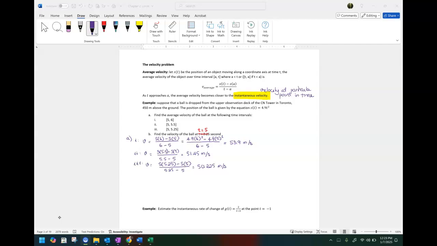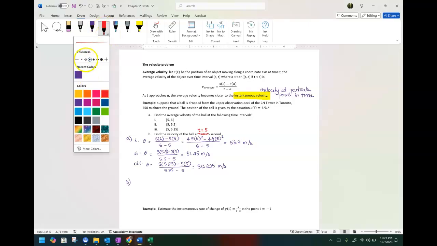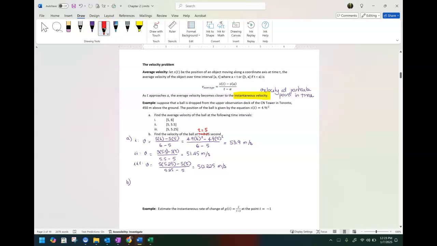We can do this by calculating the average velocity in a small interval as t comes closer and closer to 5. So part B. Let's take a look at the time interval 5 and 5.125.